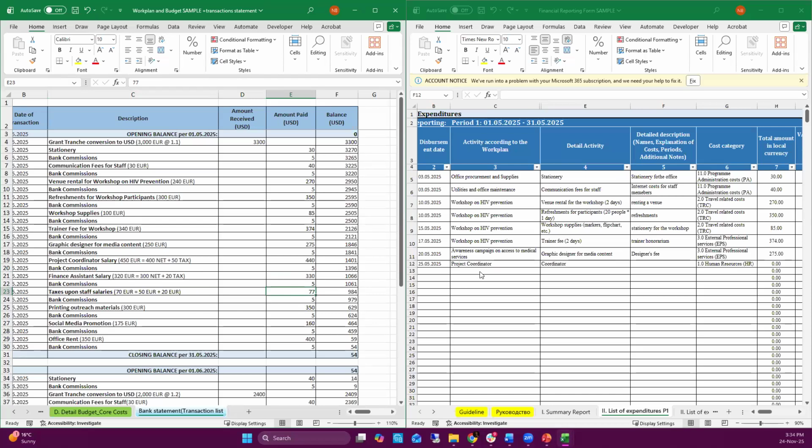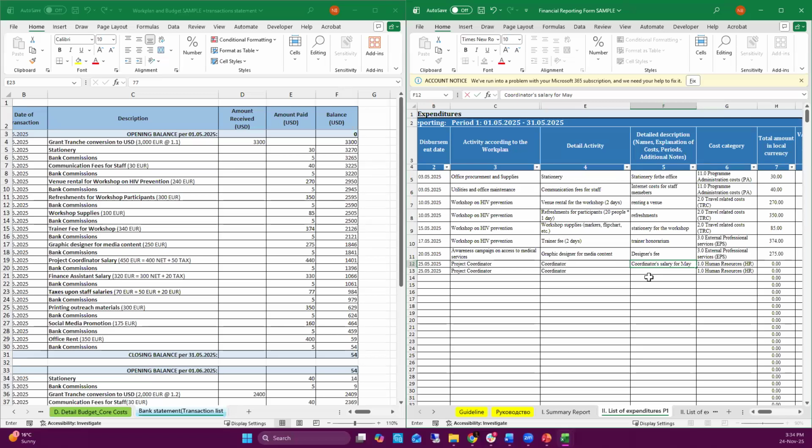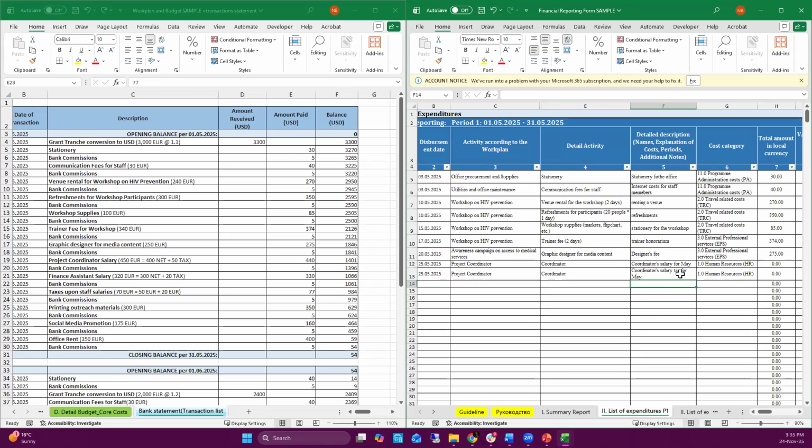So what we do now here, we make two similar lines in the report. And in the detailed description, we just put that this is the coordinator's salary for May, and that this other line will be the coordinator's salary tax part.